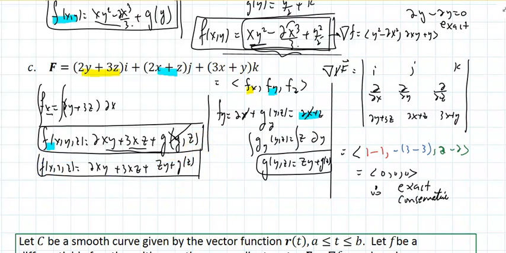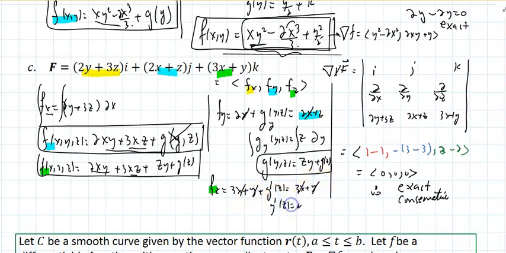Now I use the third, and that is if I take the partial with respect to z, that's going to equal 0, 3x plus y plus g prime, because that's only dependent on one variable, and that should equal the z component, which is 3x plus y. Those cancel out and those cancel out.